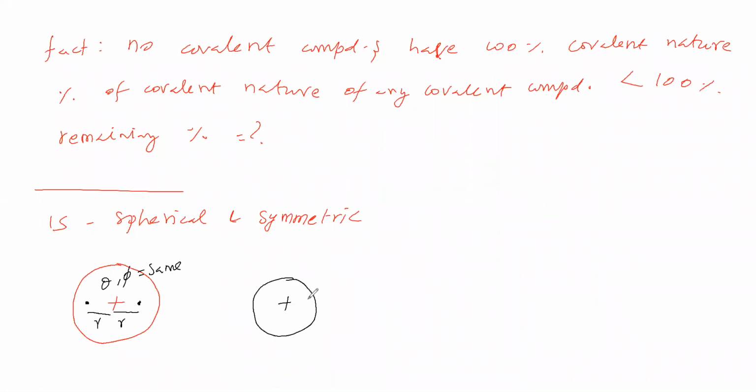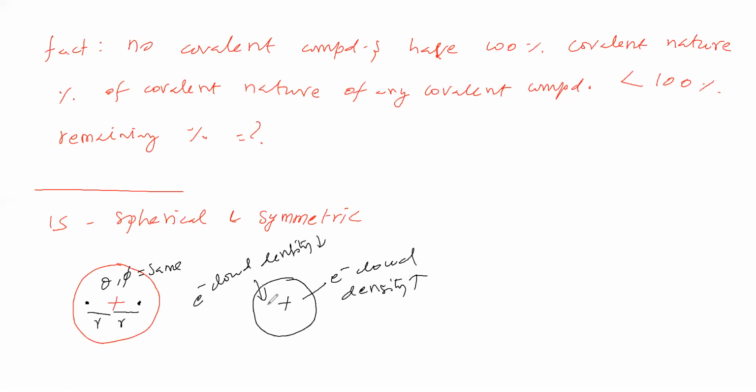Distortion takes place means at any instant this side electron cloud density may become little high, and this side electron cloud density may become little low. So electron cloud density is not remaining constant on both sides. One side becoming high, one side becoming low.